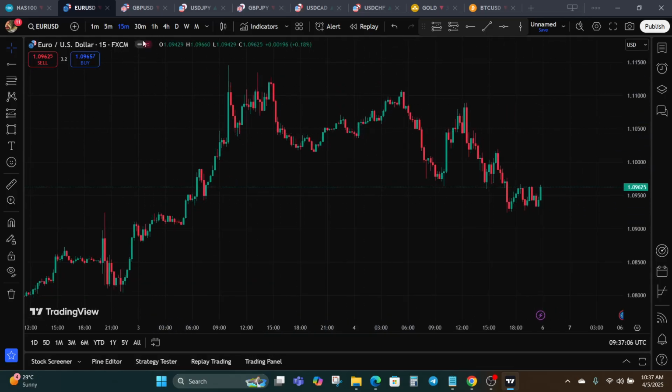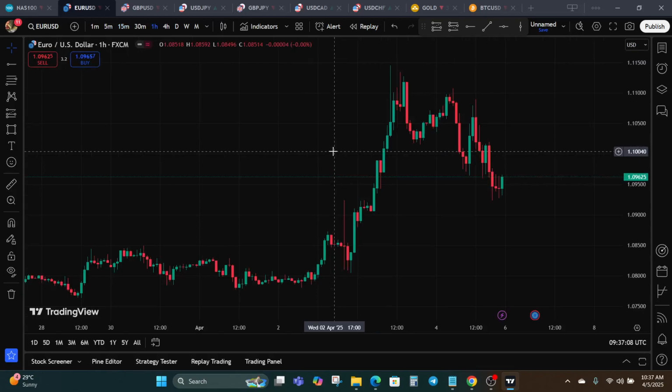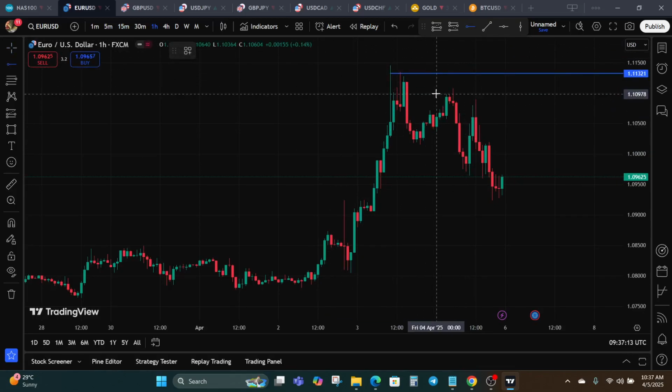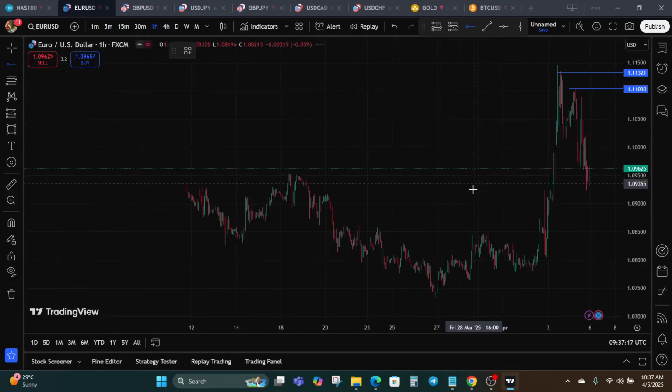Use a higher time frame like the 1 hour or the 4 hour to identify key horizontal levels.